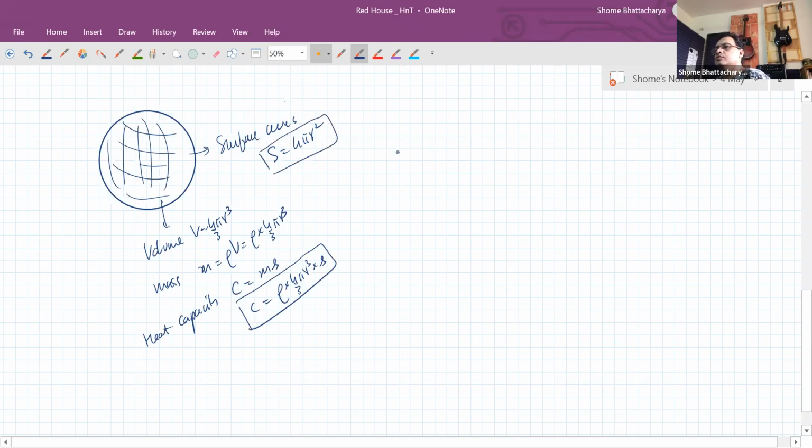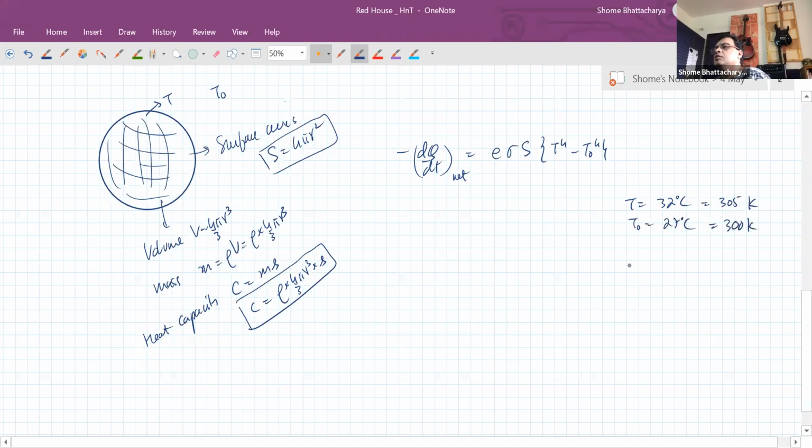So the net rate of heat loss will be E sigma into surface area. Now in this, T is 32 degrees C or 305 Kelvin, and surrounding temperature is 300 Kelvin. So you can see that delta T is 5 Kelvin, which means that delta T by T naught is very small compared to 1.